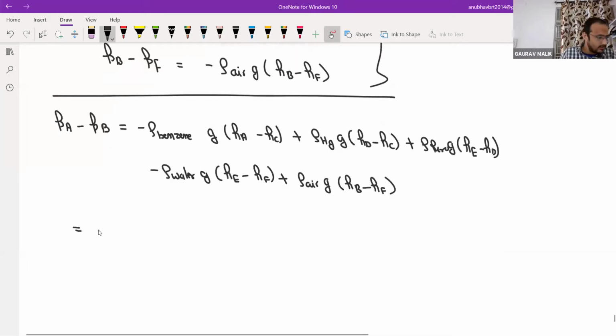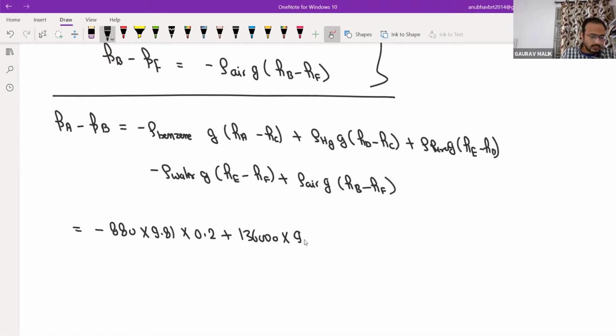Put all these values: minus 880 into 9.81 into 0.2, plus 13,600 into 9.81 into 0.08, plus 820 into 9.81. Whatever you get, that will be the correct answer after solving this.